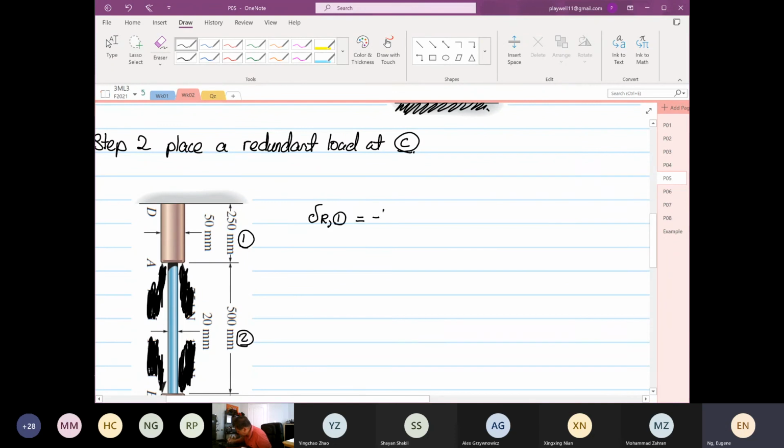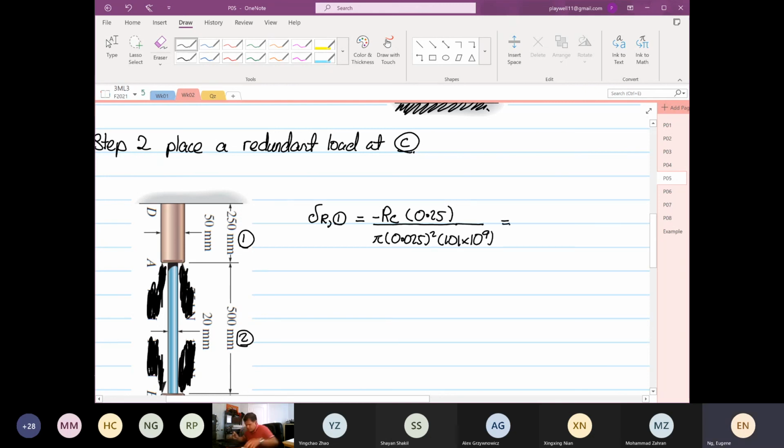So it's equal to minus RC multiplied by the length of 0.25, over the area, which is pi times 0.025 squared, and this is brass.